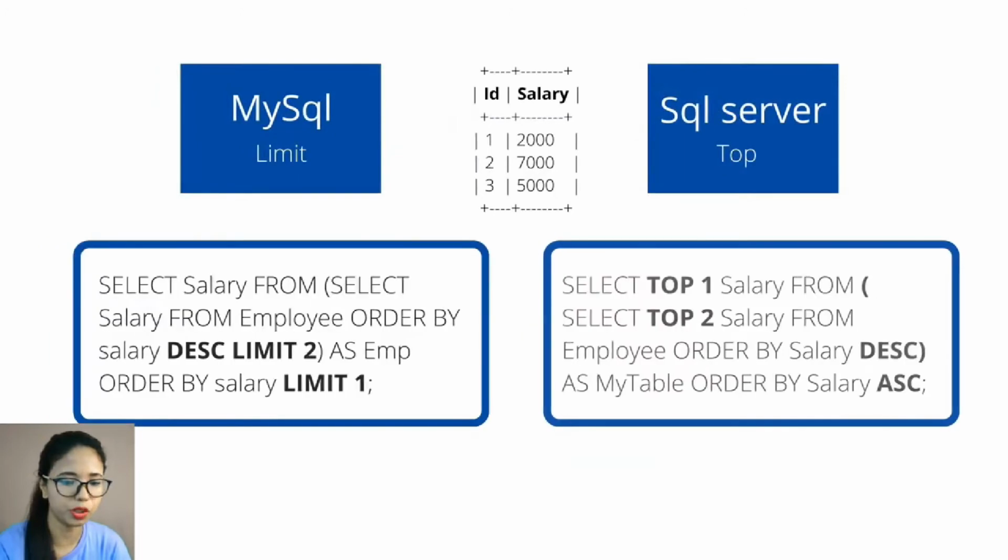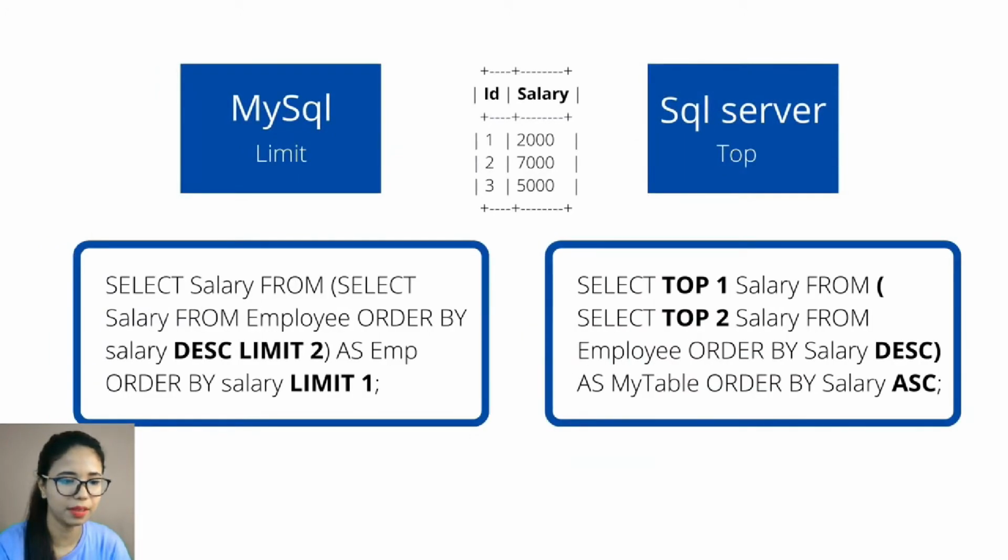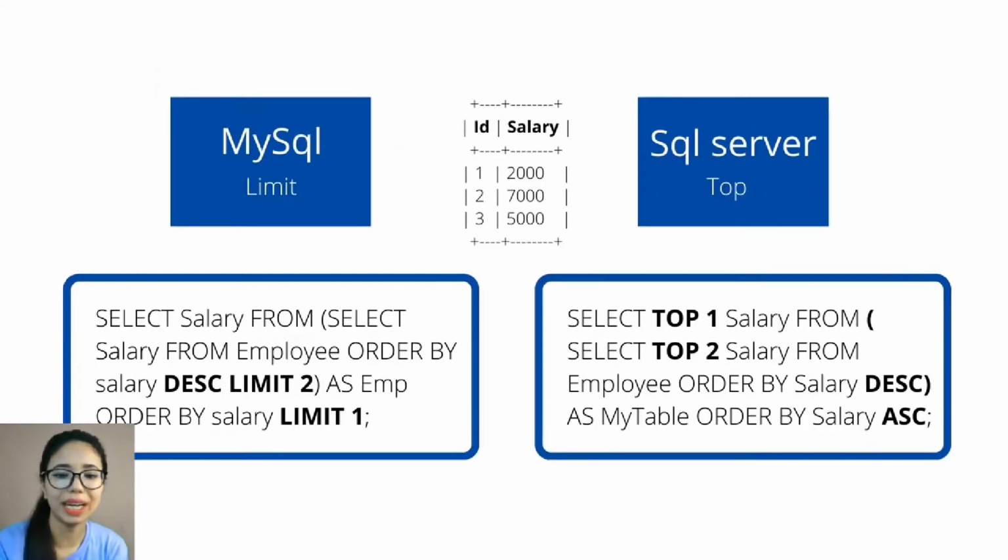Now let's see the other approach, you can see it on my screen. MySQL and SQL Server have their own keywords, right? For MySQL, you can solve this same question using limit as well. And for SQL Server, you can solve the same question by using top.